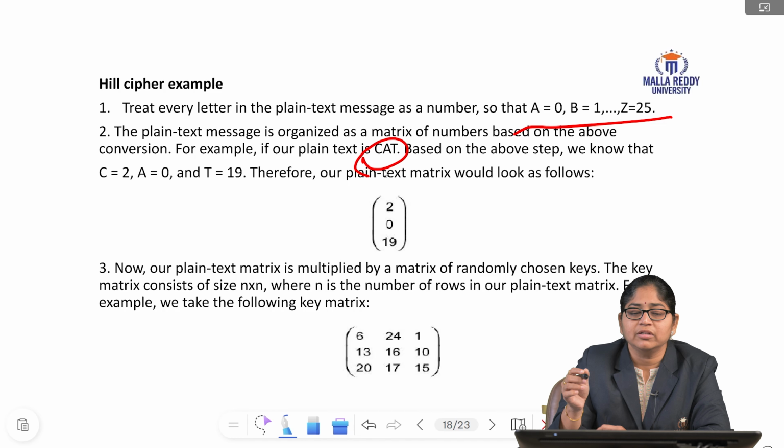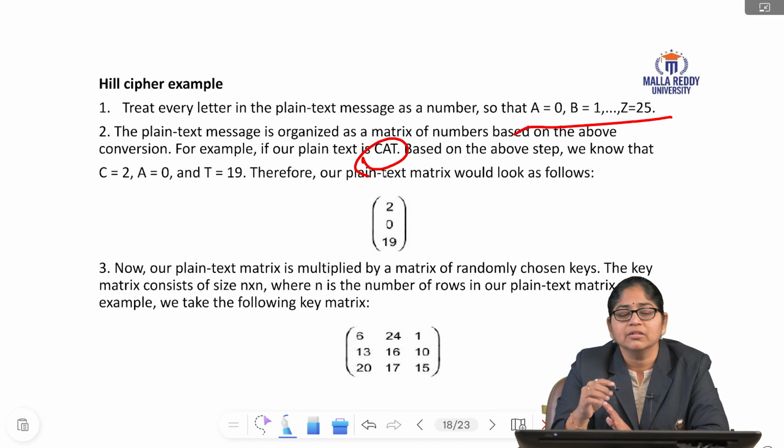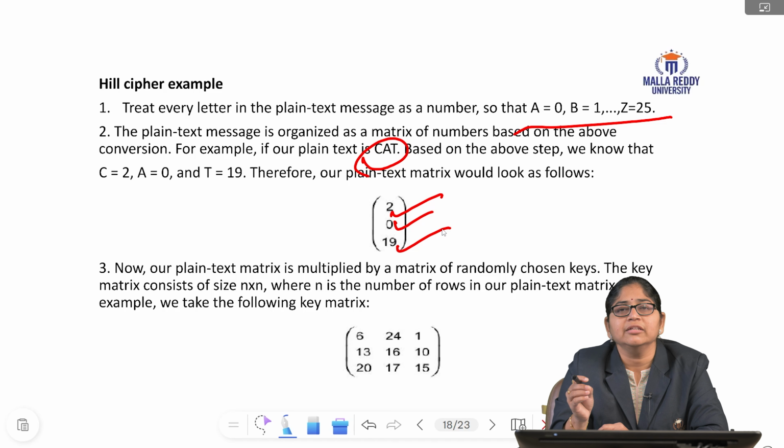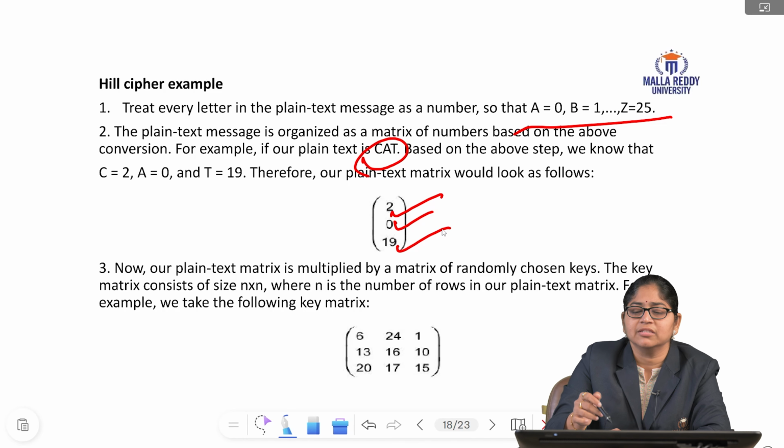So we need to write the numbers: for C it is 2, for A it is 0, and for T it is 19. So like that we need to construct one matrix for the plain text. That is the first step in Hill cipher. Next, after constructing the plain text matrix, we need to choose the key matrix. The size of the key matrix is 3 by 3 here. So why do we need to take 3 by 3 here?